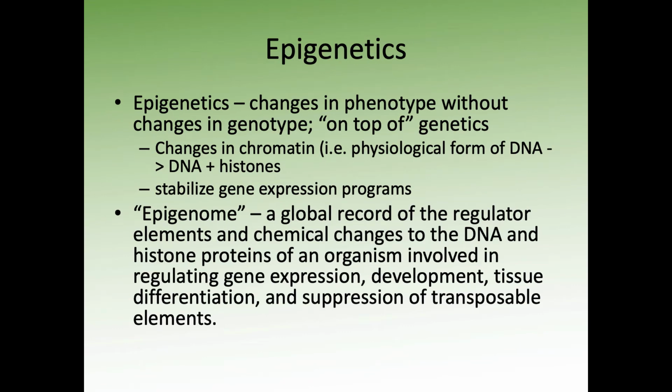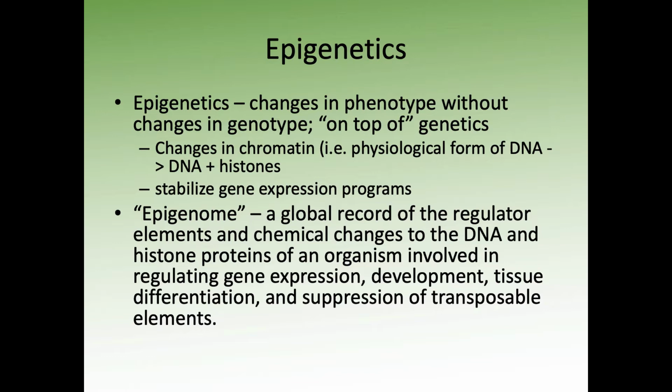Often you'll see a term referred to as the epigenome, right? So instead of epigenetics, we could also be talking about epigenomics. And similar to transcriptomics and proteomics, when we talk about the epigenome, this would be a global record of the regulatory elements and chemical changes to the DNA and histone proteins of an organism, involved in regulating things like gene expression, development, tissue differentiation, and also the suppression of all different types of transposable elements.